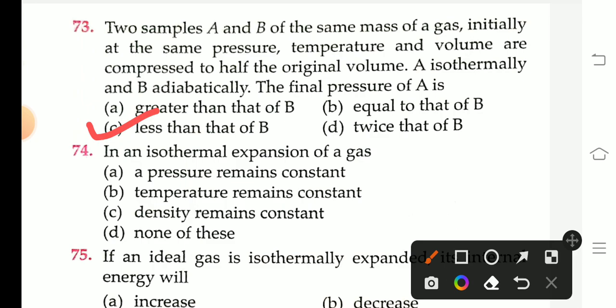Next, in an isothermal expansion of a gas. Right answer will be option B. Temperature remains constant.